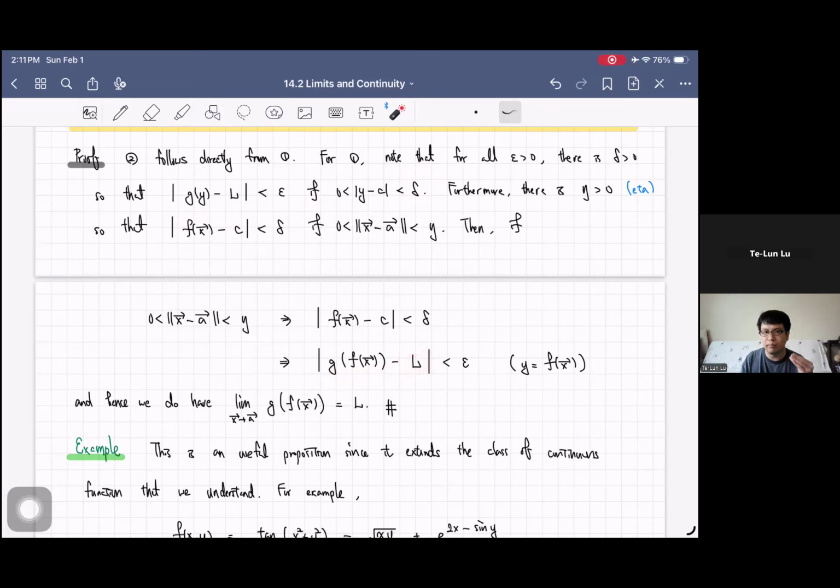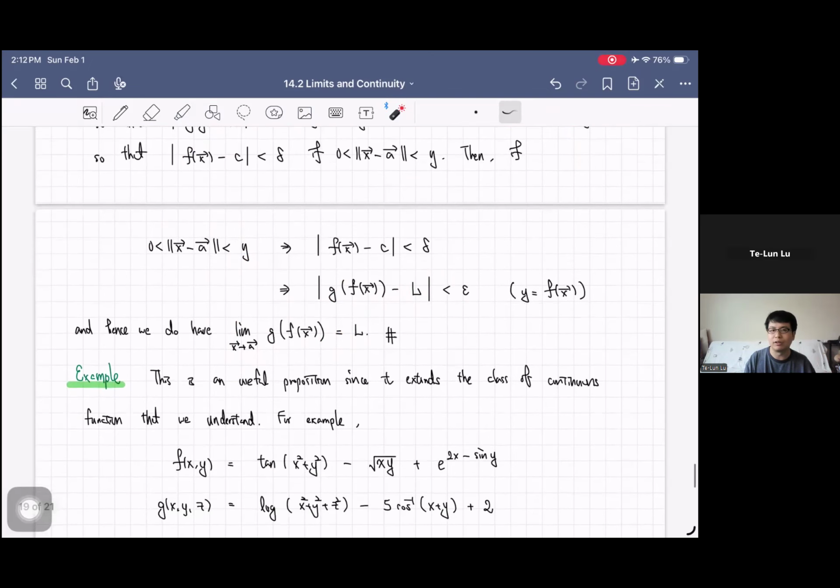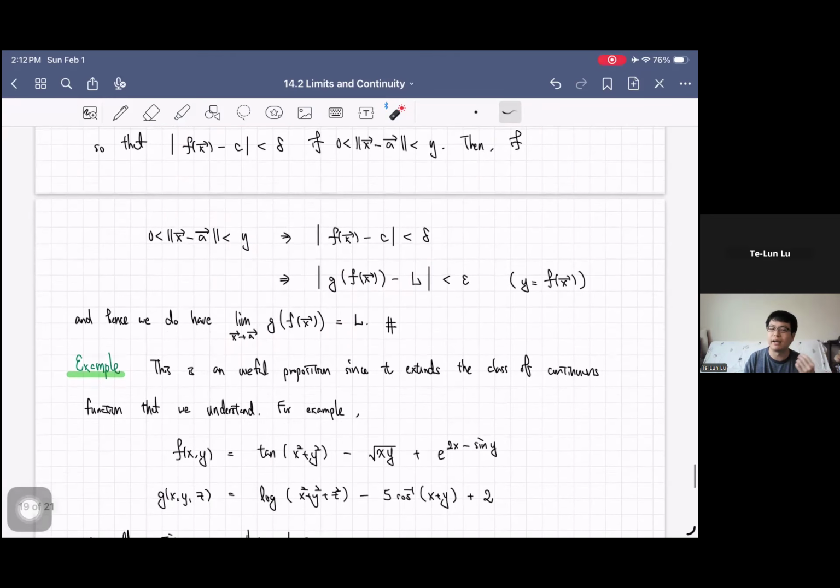So in conclusion, for this chosen epsilon, we can always choose some small eta so that whenever x and a are within distance eta, g of f of x is within epsilon distance of L. So that means that the limit of x to a of this function g circle f at x is simply L. All right? So that's again to demonstrate the power of the epsilon delta definition. You can quantify anything.